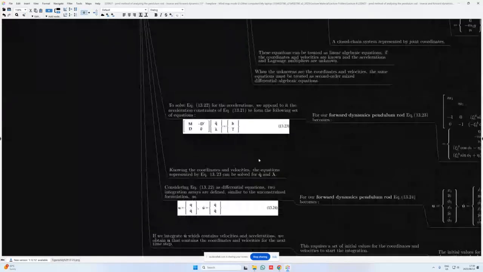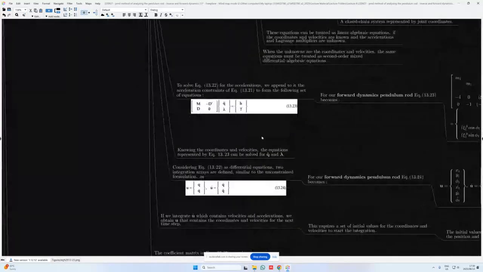All right, so in the case of equation 1322, we can append this to equation 1321 to form the following set of equations, or the combined kinematic dynamic analysis, where we consider the mass matrix and the Jacobian matrices all together as submatrices in a main matrix.